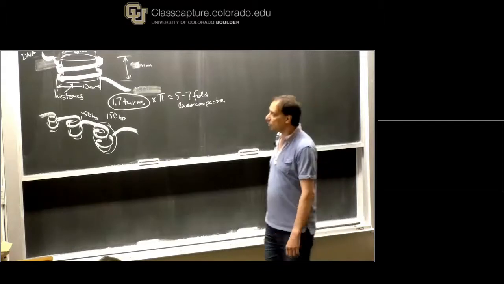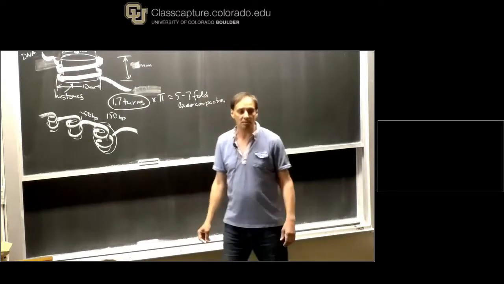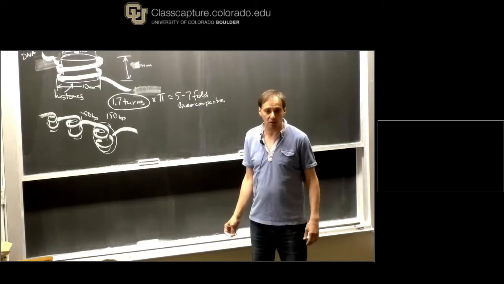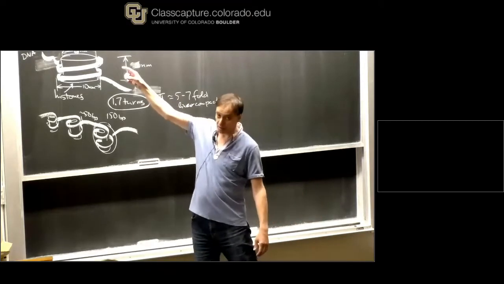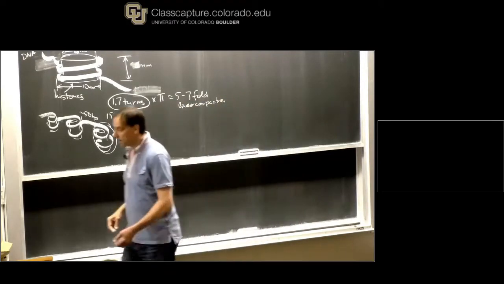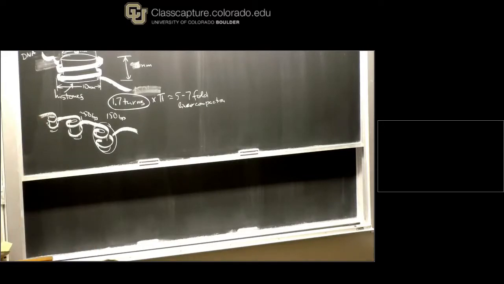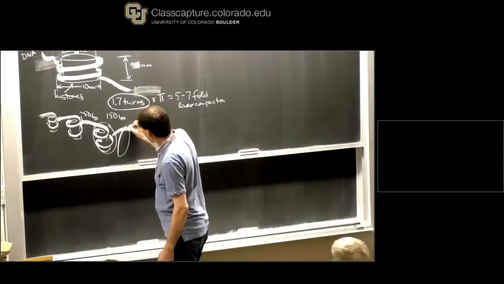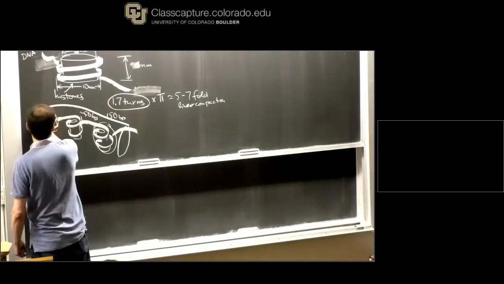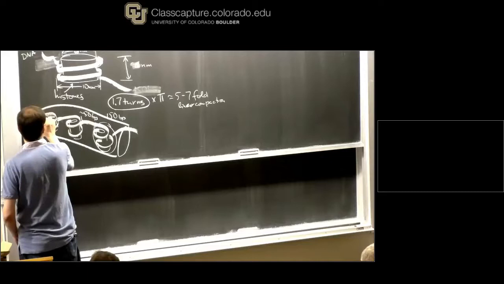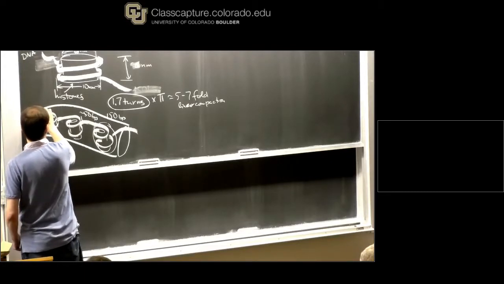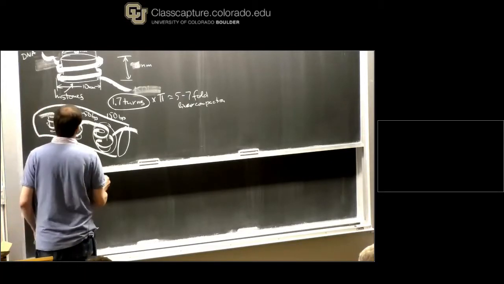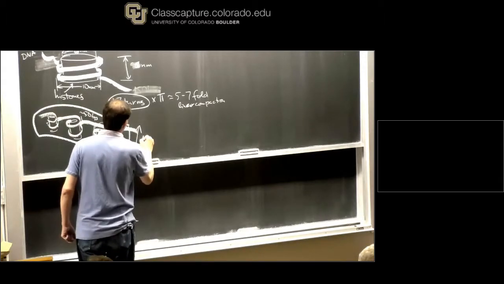Okay, so that also changes a little bit the game we've been playing, because now we're not dealing with DNA anymore, we're dealing with chromatin, which is a fiber of about 10 nanometers in diameter. So I will approximate this now as a fiber, right?